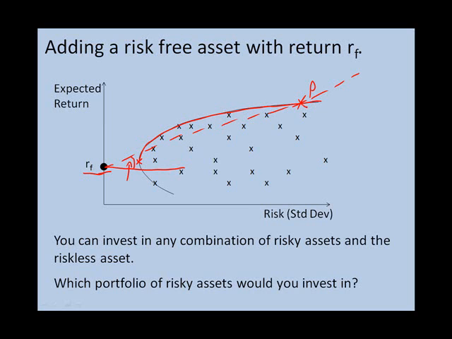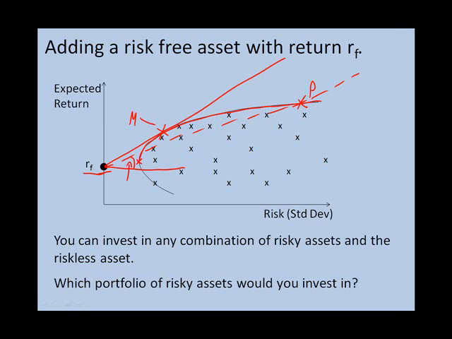The way we can do this is to find the portfolio where the line that connects the risk-free rate to the portfolio just touches the efficient frontier at this point.